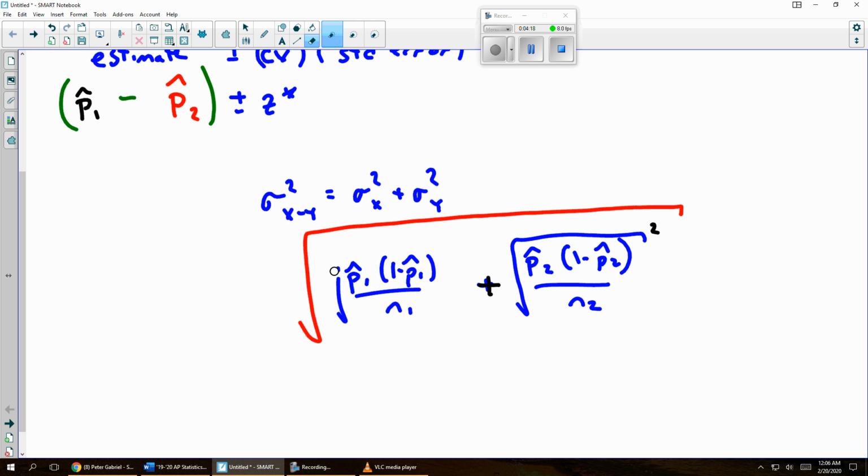Likewise, over here on the right, this square root and this square will cancel out. And I end up with a much simpler formula. So this whole thing under this radical is the standard error of the difference in the two proportions.